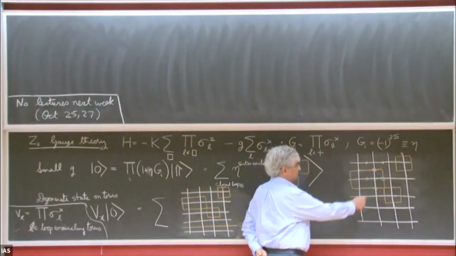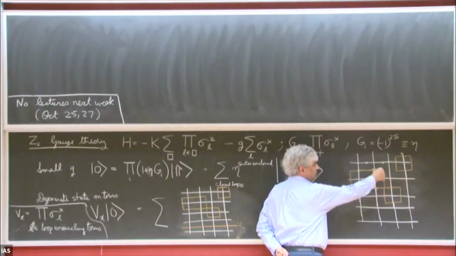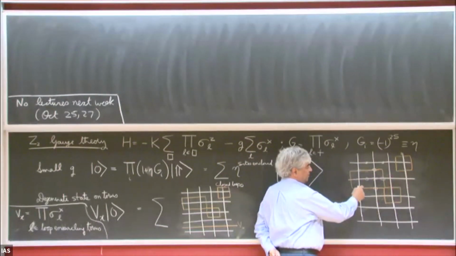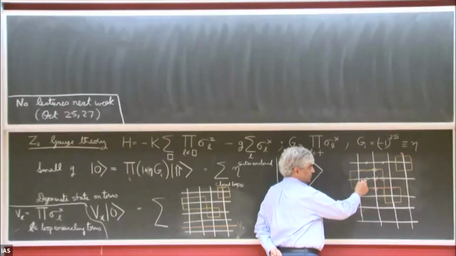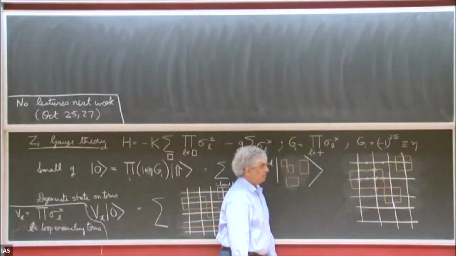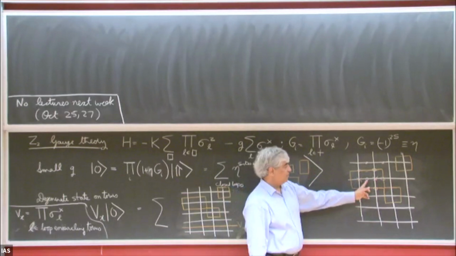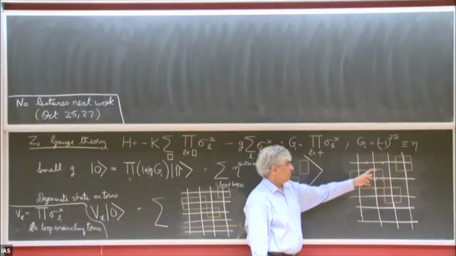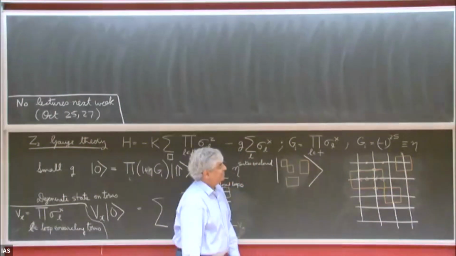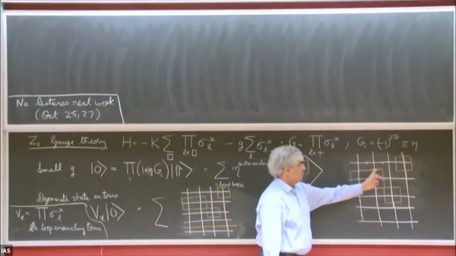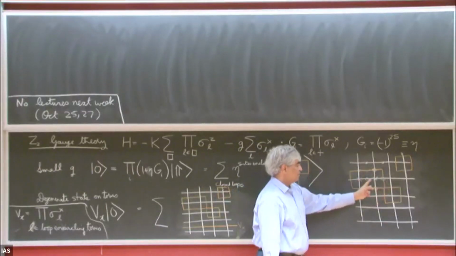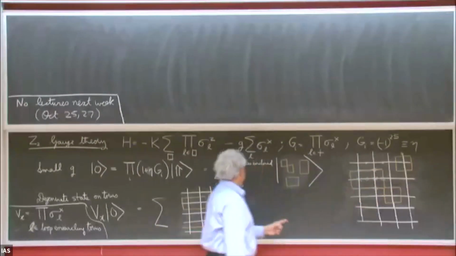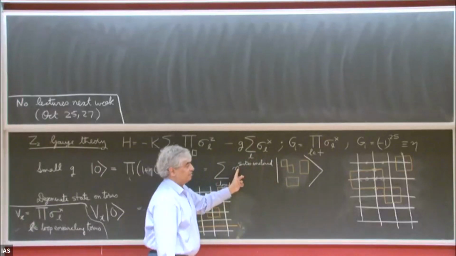And I just draw a line through the flipped spin. For this particular rectangle, I've hit G_i on this site and on this site. The net result is that this spin is not flipped, but all the spins on the orange line have been flipped, and so on. This particular loop includes 2 factors of G_i, so it contributes eta squared to this prefactor.